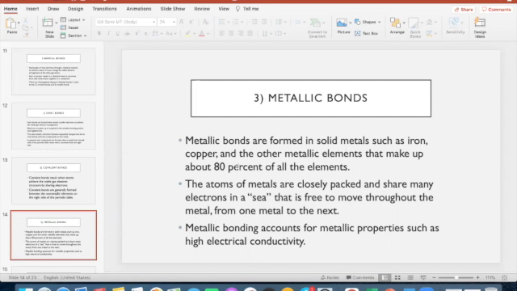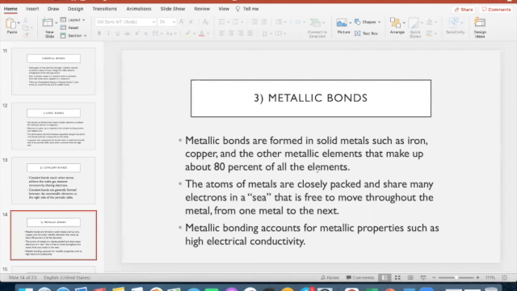All right, so your metallic bonds are formed when you have solid metals such as iron and copper, and other metallic elements that pretty much make up 80% of all the known elements. The atoms of metals are tightly packed and they share many electrons that are free to move throughout the metal.